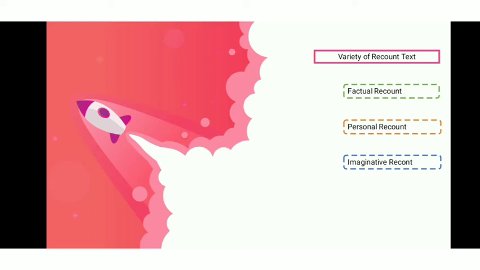So, what is personal recount? Nah, personal recount ini yang sudah pasti tentang pengalaman pribadi kita, like our experience, something like that. And the last is imaginative recount. What is that? Nah, untuk recount teks yang ketiga ini cocok sekali untuk kita yang daya imajinasinya tinggi karena berisi pengalaman yang imajinatif gitu. Okay, next.